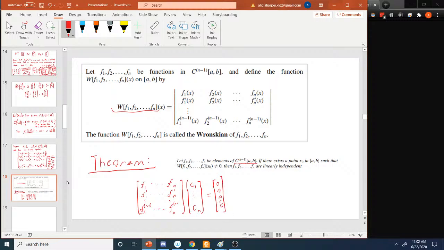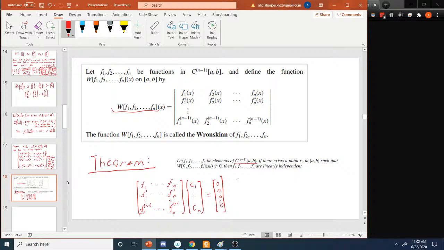And if that's true, then the determinant of this has to always vanish, because this matrix is always singular, regardless of which point x0 you take.